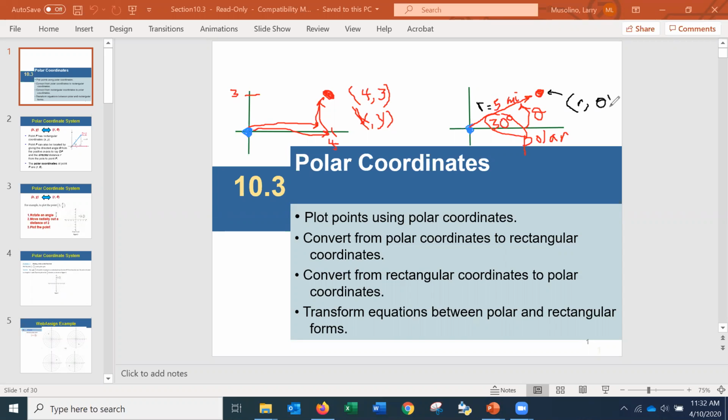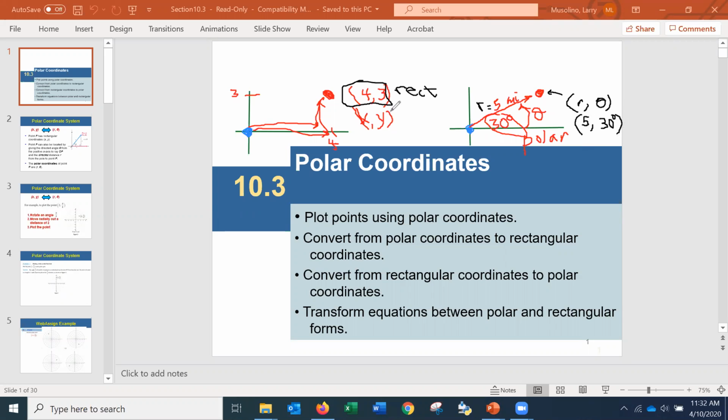So in my example, instead of writing 4 comma 3, which was the rectangular coordinates, the XY point, I'm going to write this red dot as 5 comma 30 degrees. And it's really getting me to this exact same location.